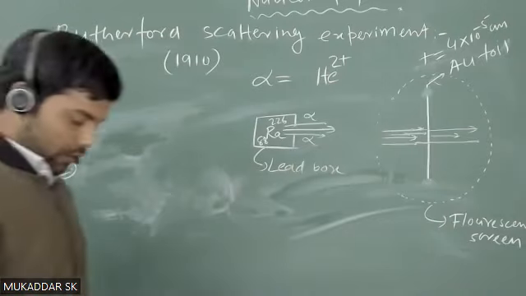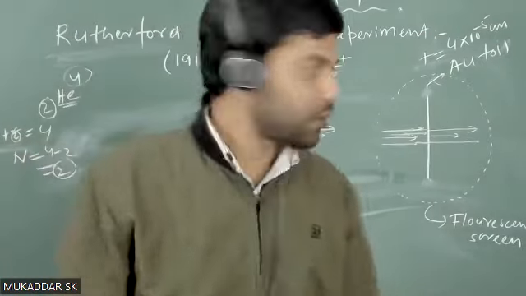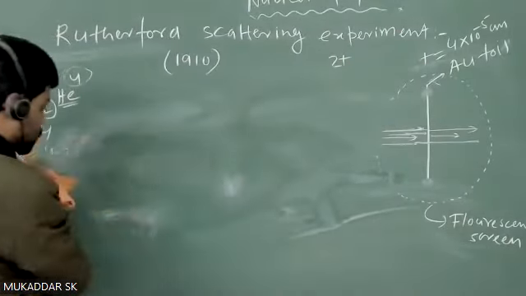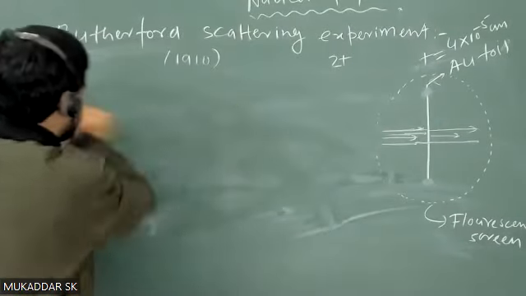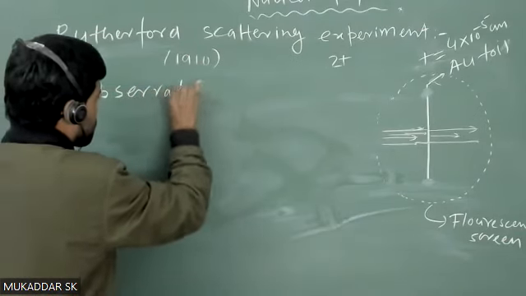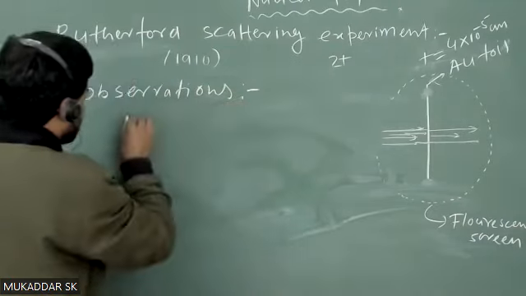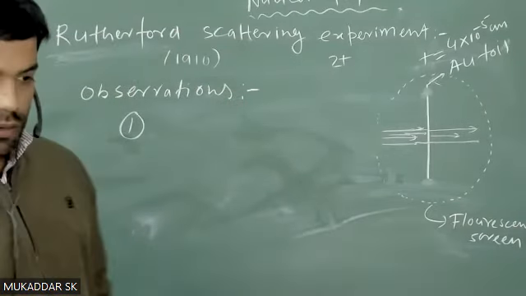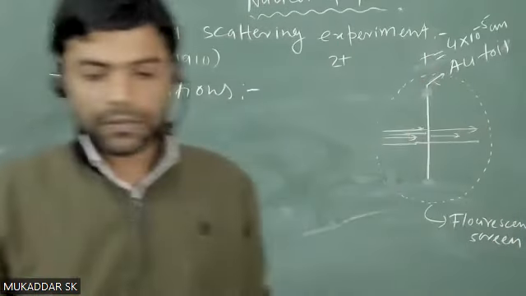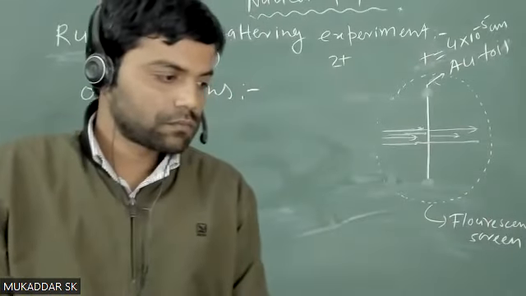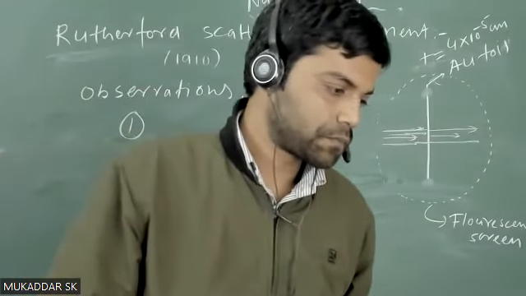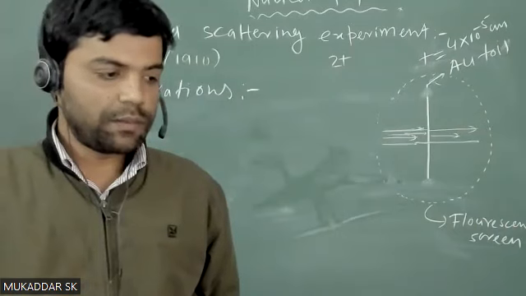So you can write that observation. Observation number 1: most of the alpha particles pass through the gold foil without any deviation in path.